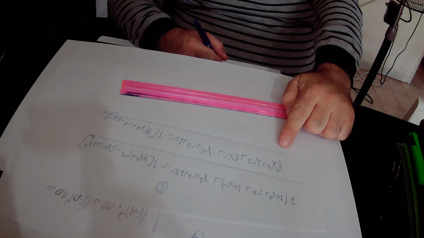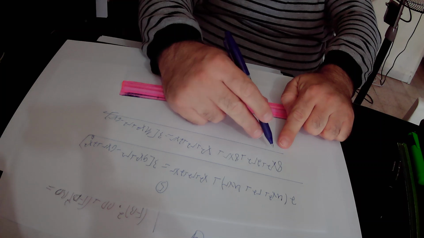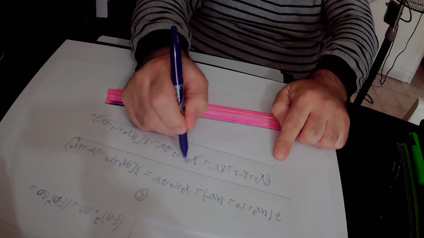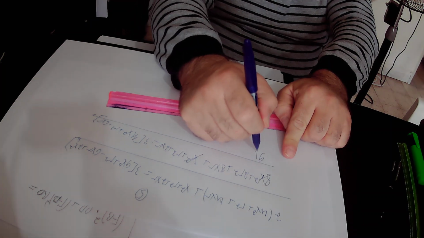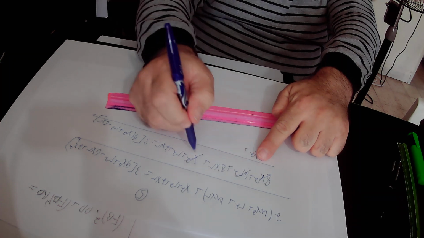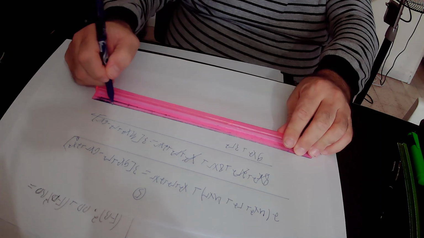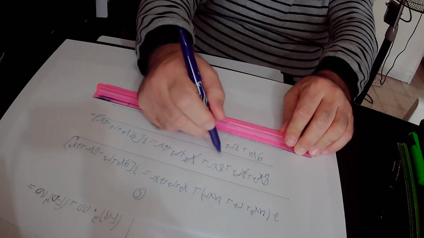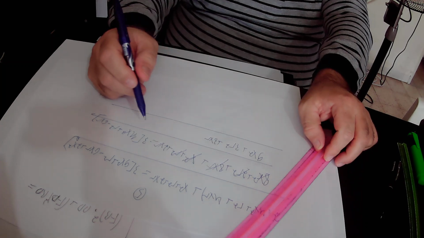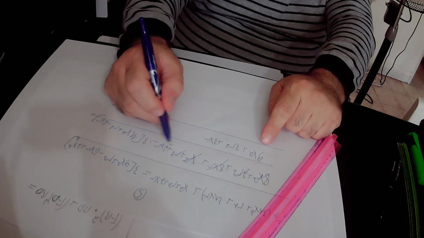So on this side of the equation we have 8x squared plus x squared is 9x squared, plus 2R squared plus R squared is 3R squared, plus 8xR plus 2xR, which is 10xR.